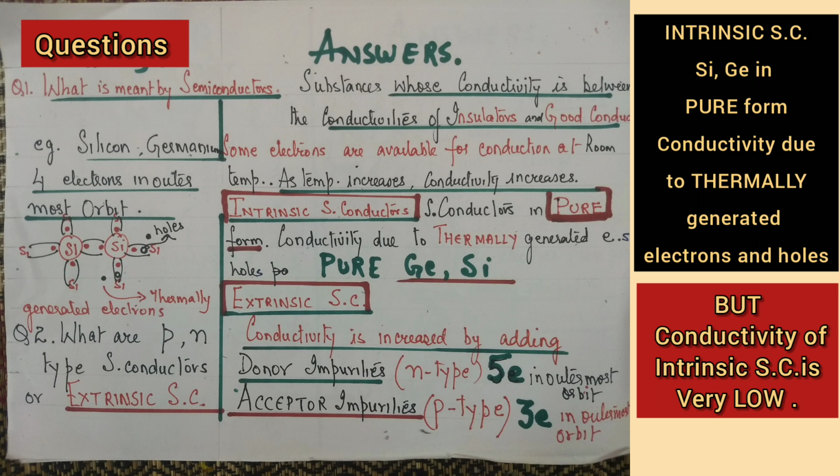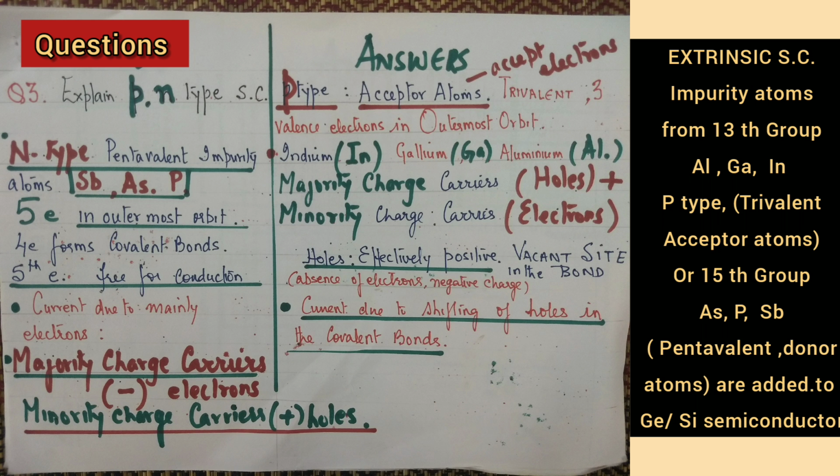Their conductivity is low because the electrons and holes are thermally generated only. That means electrons gain energy depending upon the temperature of the material, and if it is enough, it overcomes the bond energy and moves out and becomes free. So electrons conduct in the conduction band, holes conduct in the valence band, but the conductivity is not much.